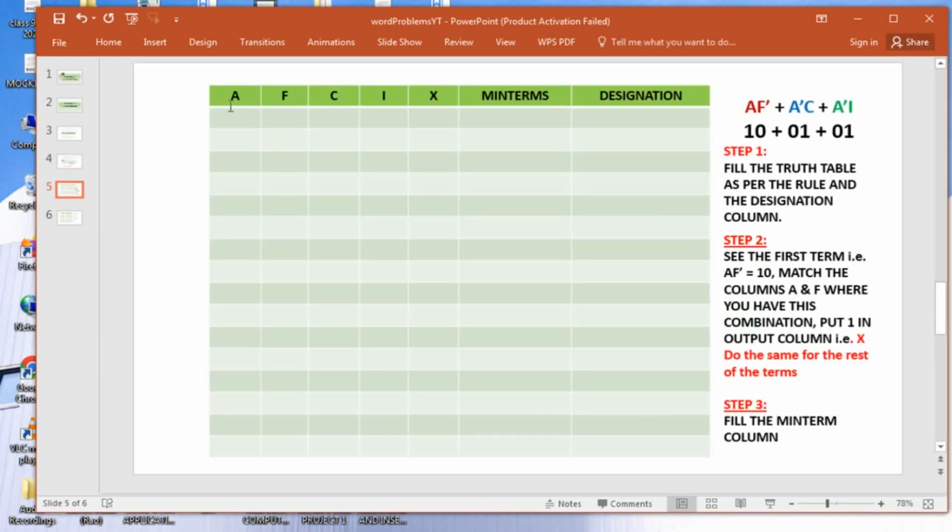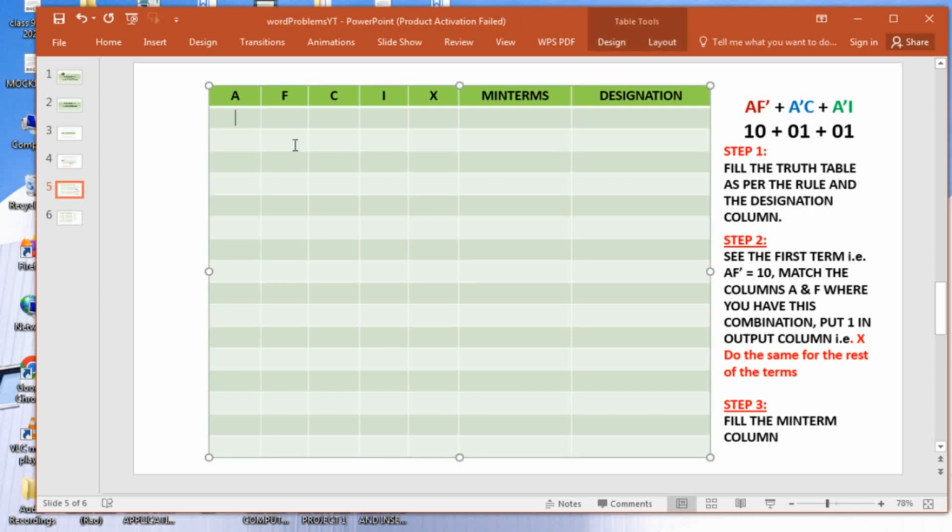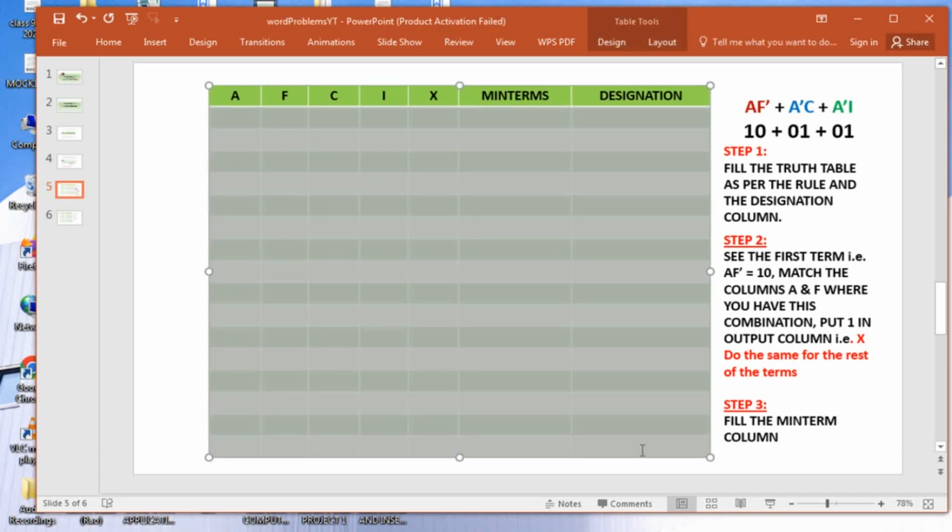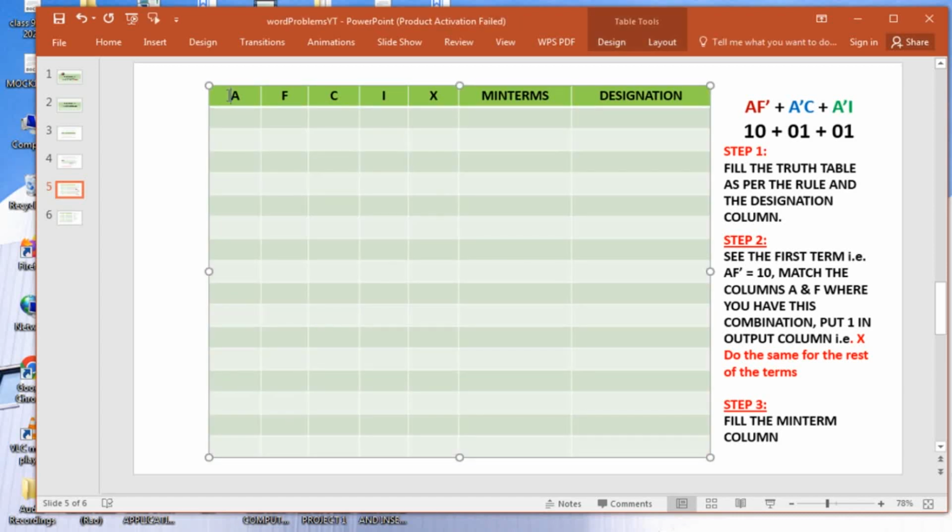Here I have made a table consisting of 17 rows because you have 4 variables A, F, C and I. 2 to the power 4 is equal to 16, so 16 rows are here and 1 for the heading.